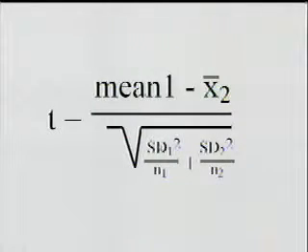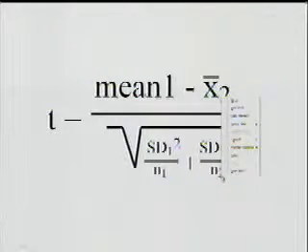We recognize this as the variance over the sample size n1. So it's the standard deviation squared from experimental group 1 over n1, and the standard deviation squared from group 2 over the sample size, n2, for group 2.